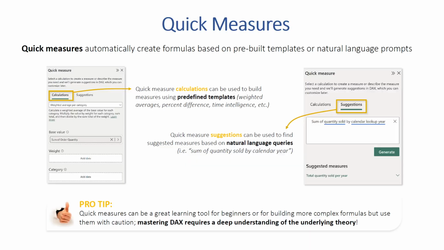On the top, where New Measure is, beside it there is Quick Measure. If I click it, this window will pop up.